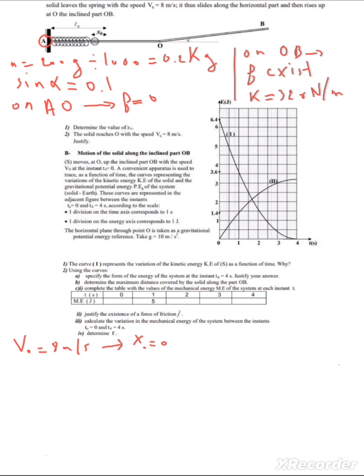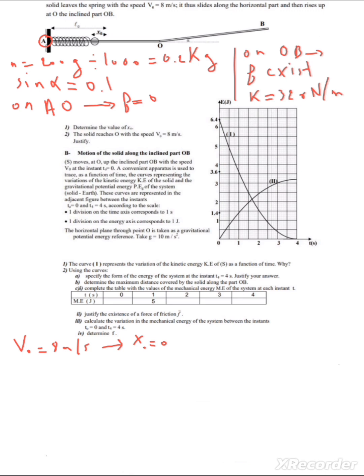Since in this case, the spring is not compressed and not elongated. The solid just slides along the horizontal part and then rises up at O, the inclined part of it. Part 1: determine the value of x0.